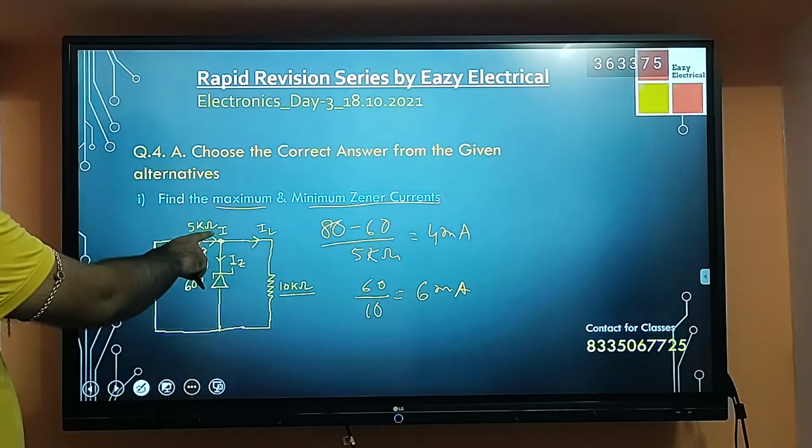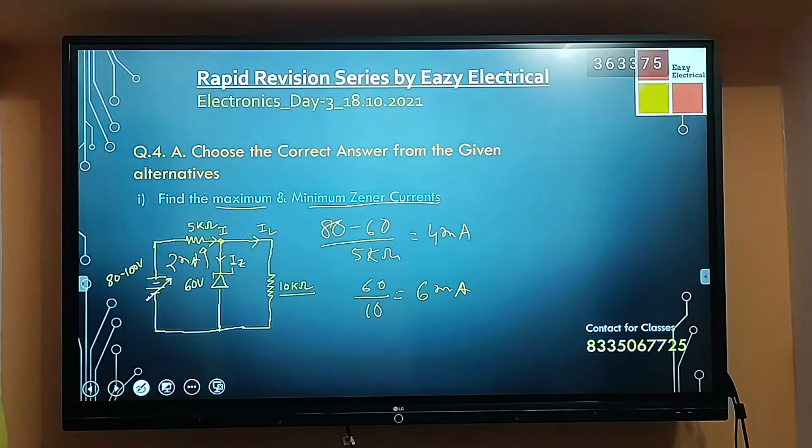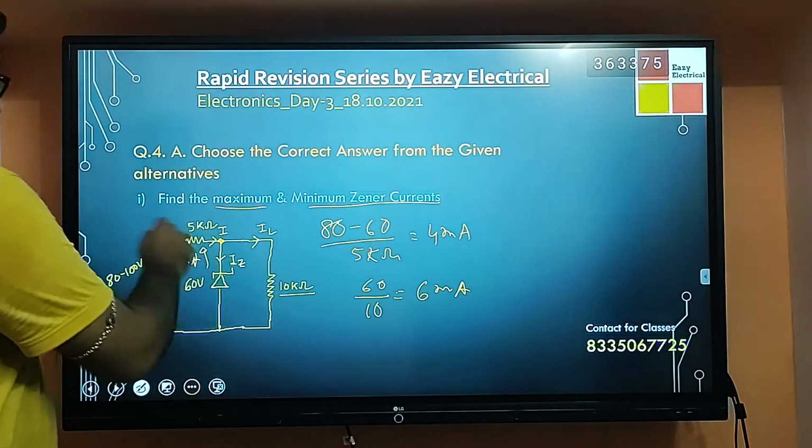80 minus 60 divided by 5 kilo ohm gives 20 by 5, that means 4 milliampere. Here in this case 60 volts, V equals I into R, so current is V divided by R. So the current in this direction is in the reverse direction.